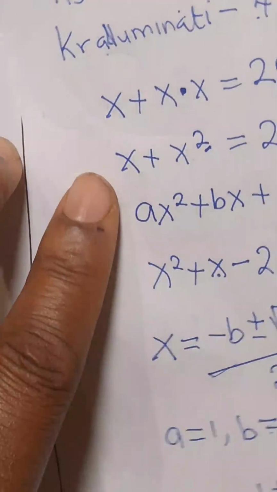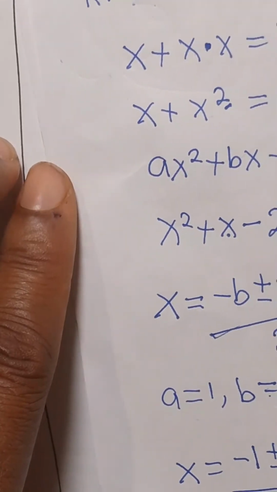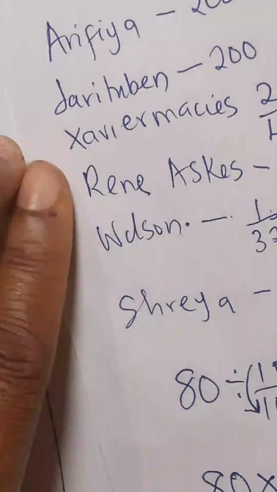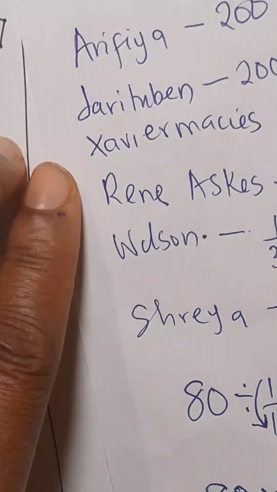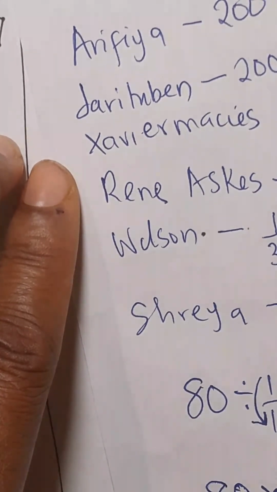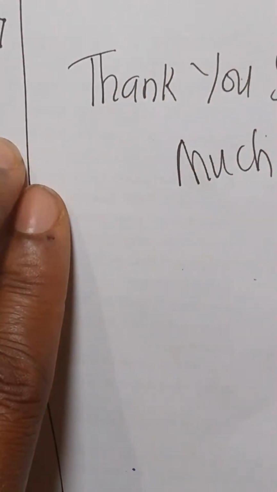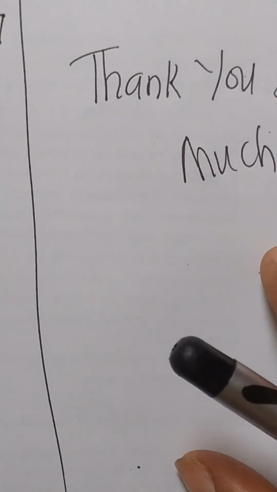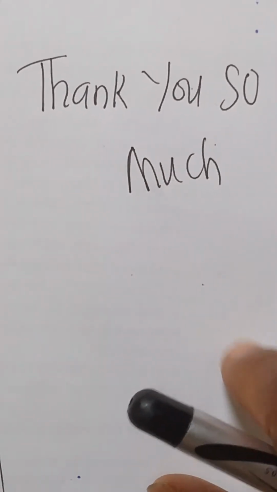Bogno, Ashwani, Kralun Menati. We have Exavi Messis, Rene Askes, Shreya. I've called Wilson. And today here we're having Kumari and Mr. Rona. So I appreciate you guys a lot. God bless you for participating in our live class today.